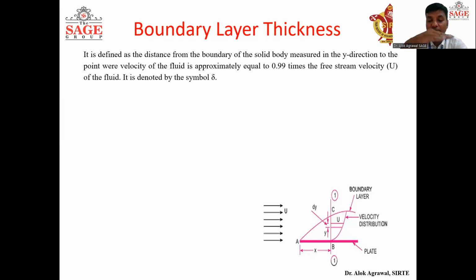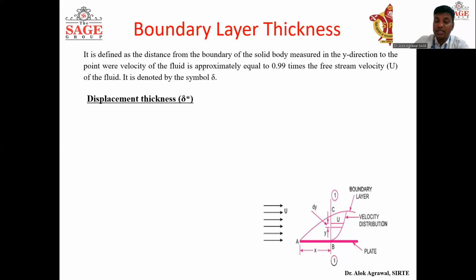When we move upward in the direction of y, the velocity will continuously increase, and a point will be reached where the velocity becomes 99% of the actual free stream velocity. So that point is fixed, and the distance between that point and the plate in y direction will give the boundary layer thickness. Okay, it is denoted by the symbol delta.